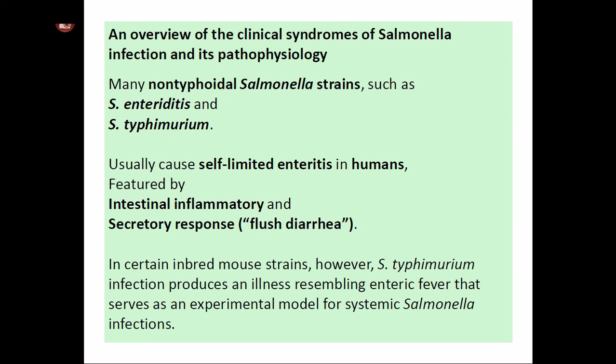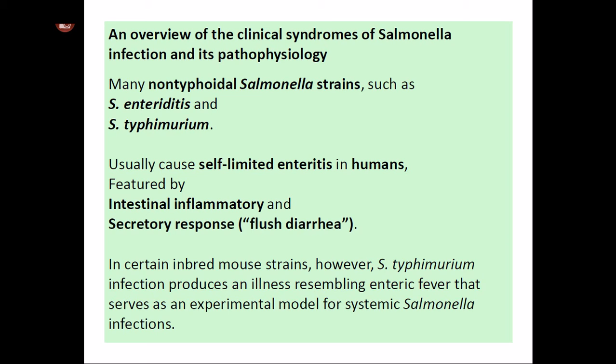Now, there are many non-typhoidal Salmonella strains, and among them Salmonella enteritidis and Salmonella typhimurium are important in causing gastroenteritis normally. I remind you that many people think Salmonella typhimurium, as the term says, typhi, causes typhoid, but these are not the causative agents of typhoid.